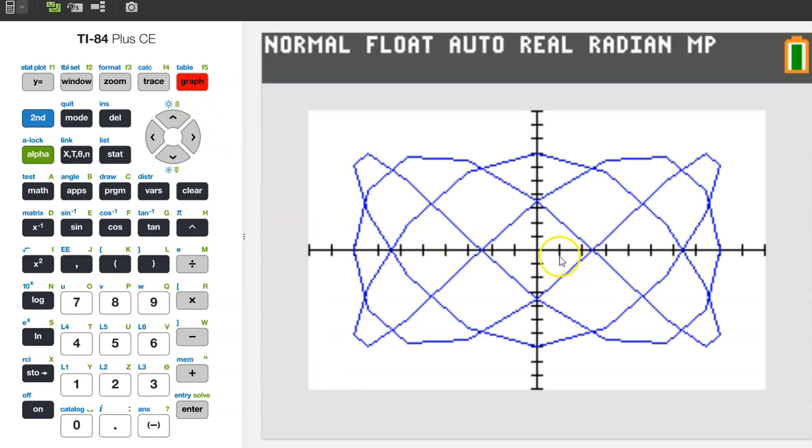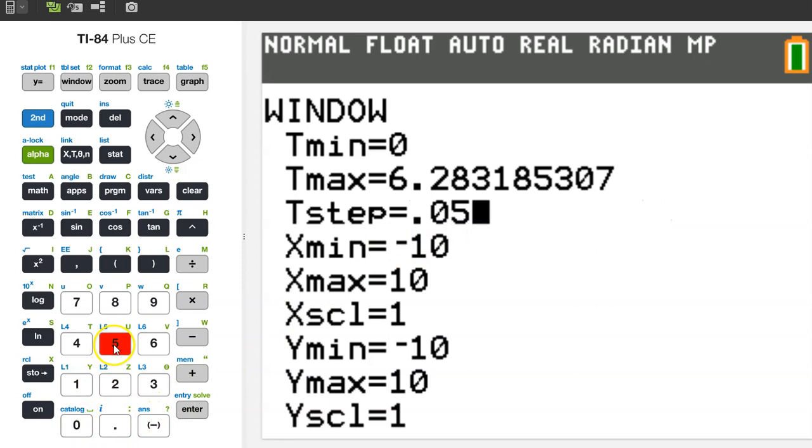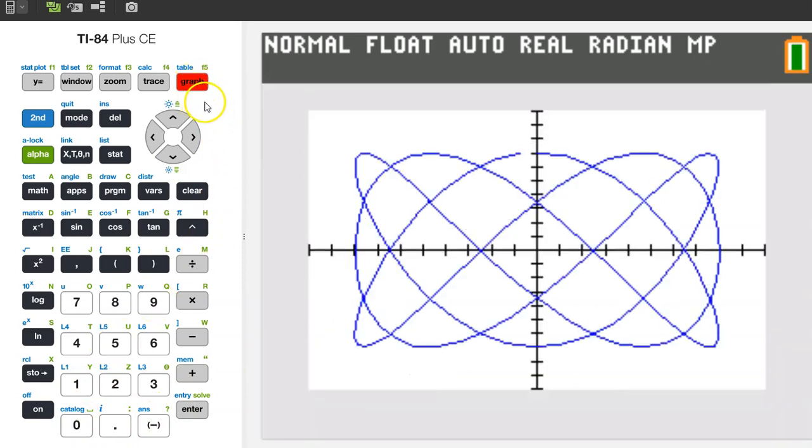Wow, that was crazy. Hit the window button real quick. Sometimes the t step affects the smoothness of the curve. So let's change this to 0.05 and see if that has any effect on the graph. Hit graph again. Alright, that just makes the curve a little bit smoother.